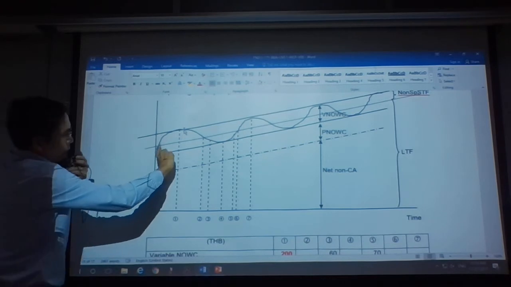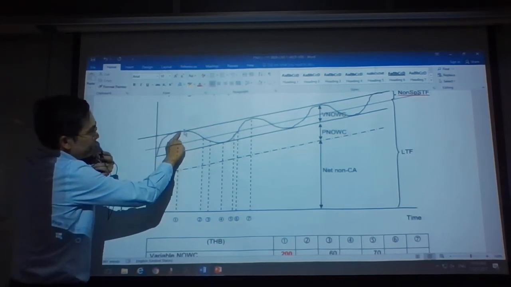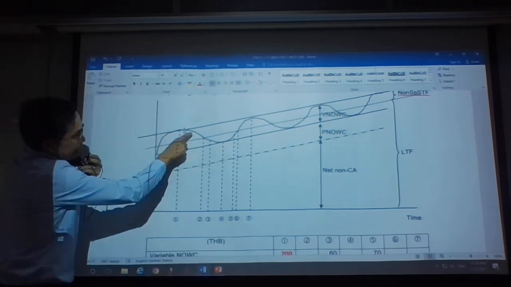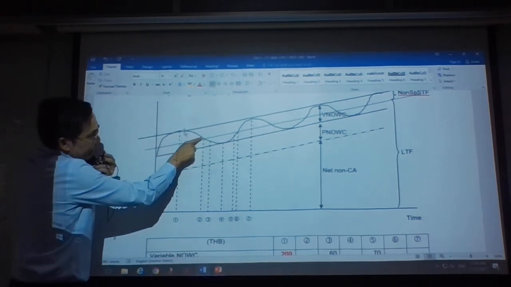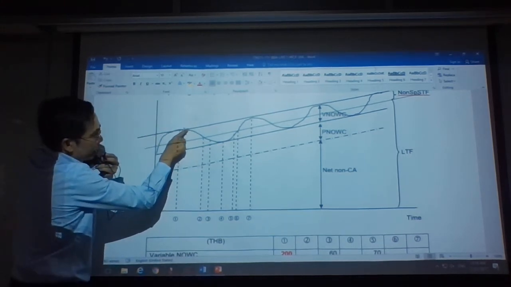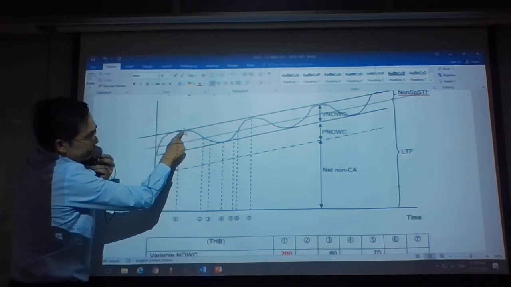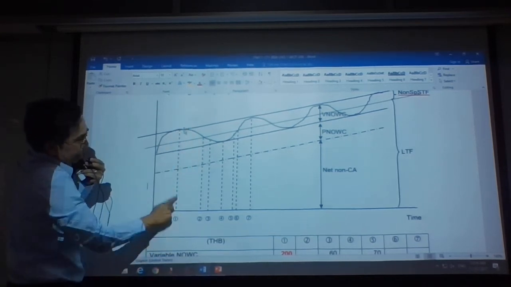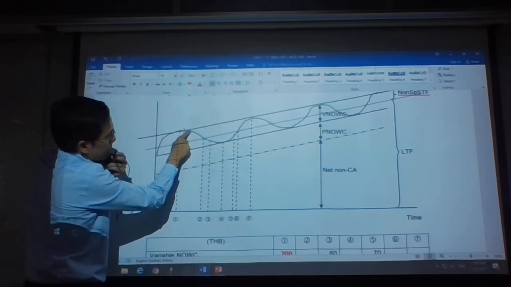Now, when we move from this peak point to the second point here, you can see that the statement of financial position is still balanced. However, the short-term loan that was borrowed at point number 1 has been repaid.